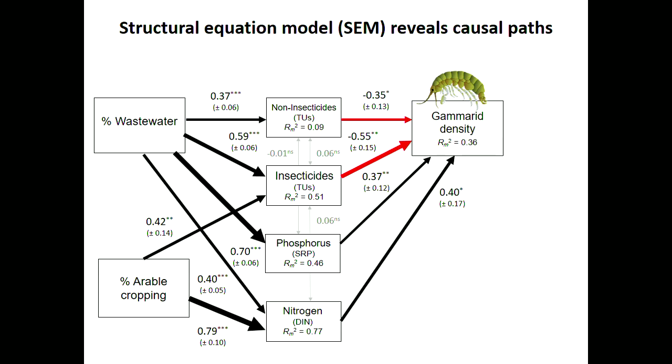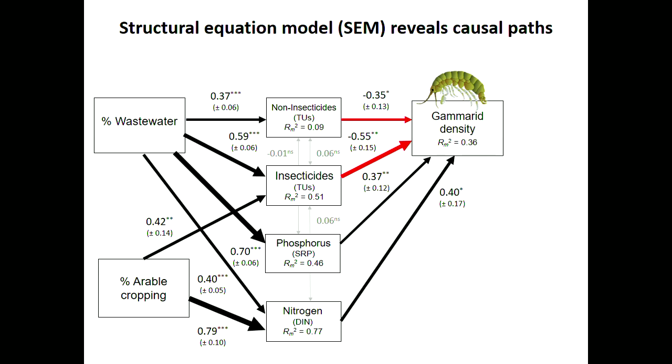And also you'll see here we have R-squared values. This is a marginal R-squared value because this is a piecewise SEM which includes random effects. And so this is basically a marginal goodness of fit. So we can see for some of the stresses is not explained well, but others we're getting very good explanatory power basically, with R-squareds that are relatively high.